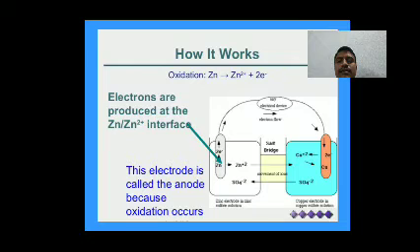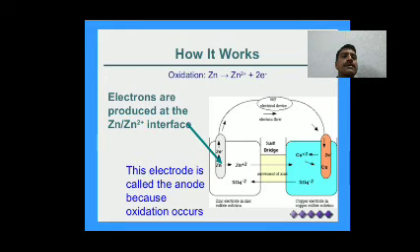Working process of galvanic cell, or functioning of galvanic cell. How does it work? The zinc plate immersed in zinc sulfate solution acts as the anodic half cell.